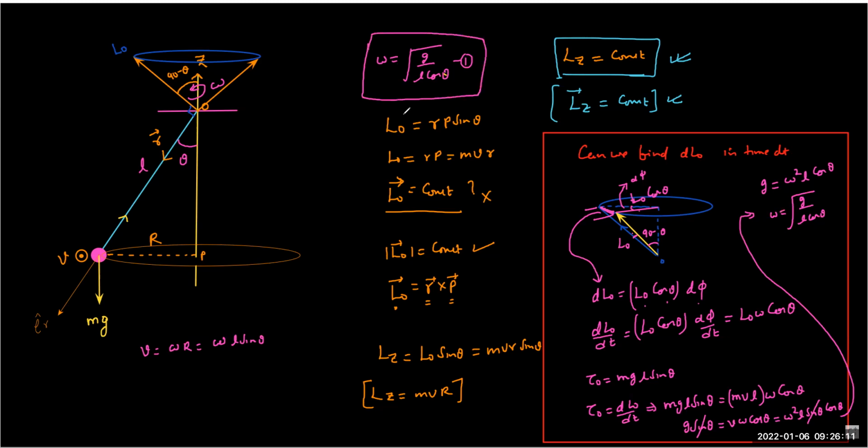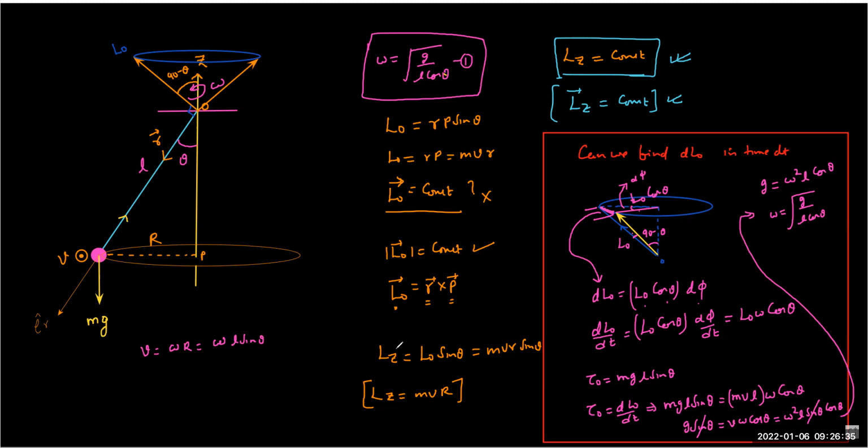This is a simple derivation. If you remember, we did this with circular motion. Now I'm trying to do the same derivation using the very basic definitions of torque and angular momentum. So this box is just for curious minds. If you want to understand something deeper, you should know this. If you don't care about it, you can ignore it.